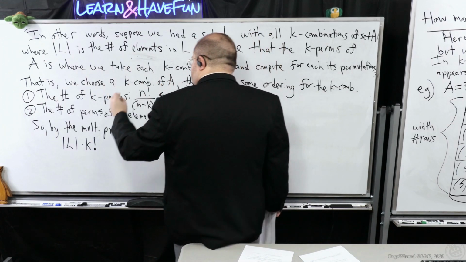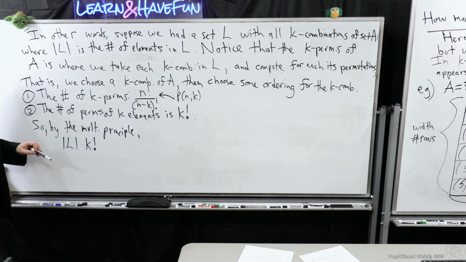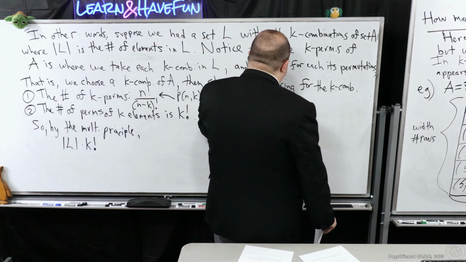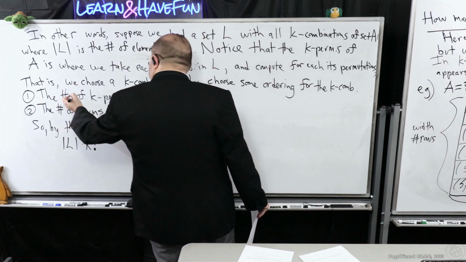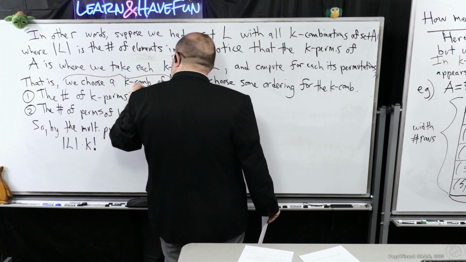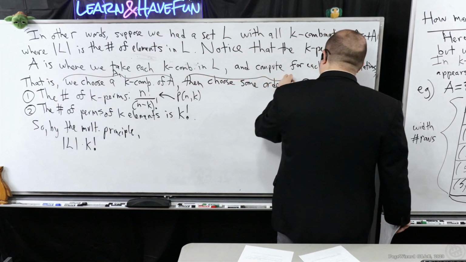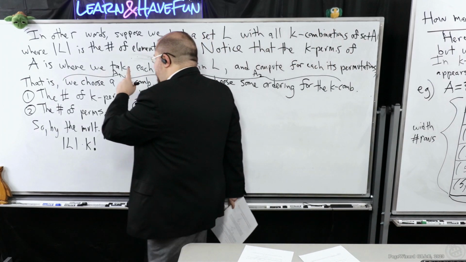That's the size of L. That's how many ways we could pick that. Then we choose some ordering for it, which we know the number of permutations is this. Remember, this right here is step 1, so this is action 1. Then we choose some ordering for the k combination. That's action 2.